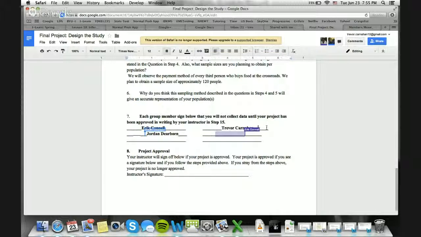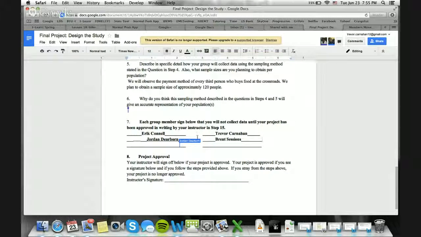Just go ahead. And Brent consents. Even if he does collect data, it's not going to matter if it's not approved. So I don't really see the point of this question, but whatever.